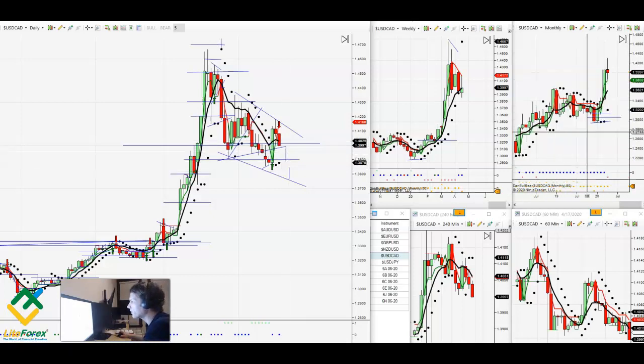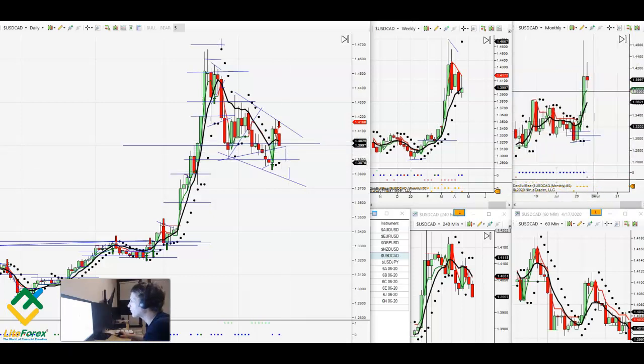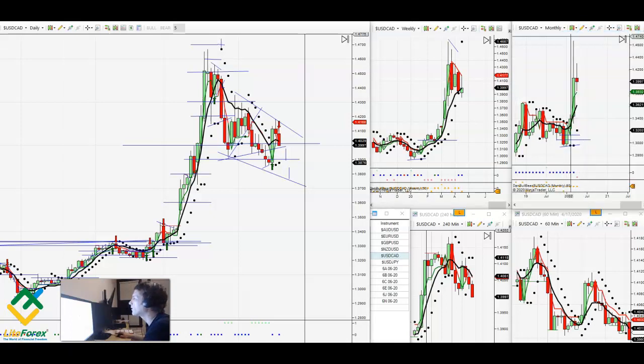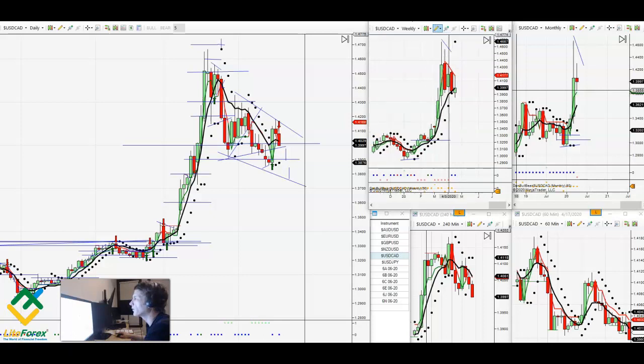Now it still could turn around, but you can just see on the monthly we're past the halfway point of the month, and we're already putting in that lower high there. And you can really see it just based on the weekly chart as well. Just continuing putting in these lower highs.